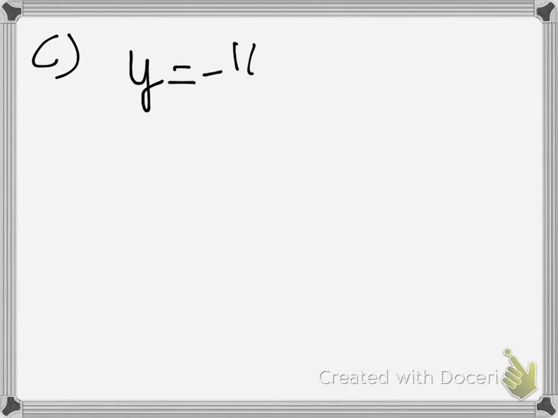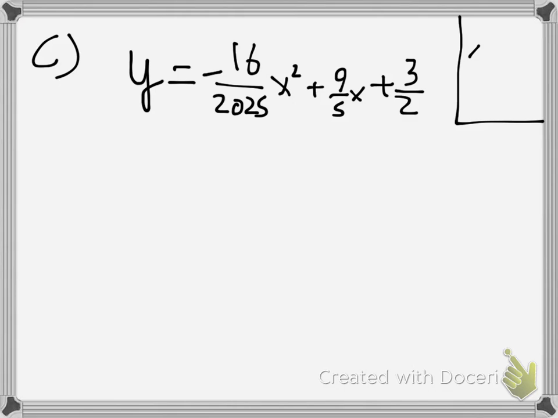For C, y equals negative 16 over 2025 x squared plus 9 over 5x plus 3 over 2. Be sure to rewrite it for C. With C, we want to use this formula: x equals negative b over 2a.